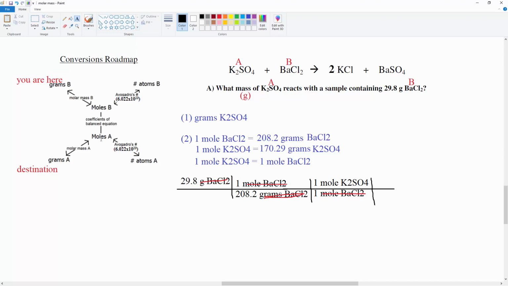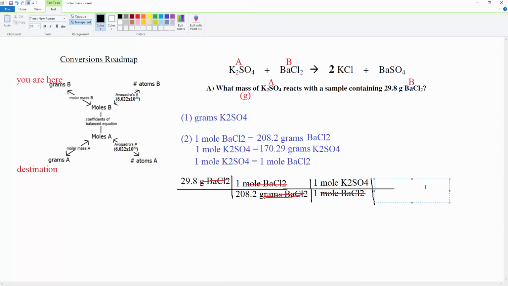That should get me to moles of A. We did say K2SO4 is A, and sure enough, we've got moles of K2SO4. So the roadmap says use the molar mass of A to get to grams of A, and we put that right here. And we're going to put the grams on top and the moles on the bottom so they cancel. Looks like you've got that, perfect.